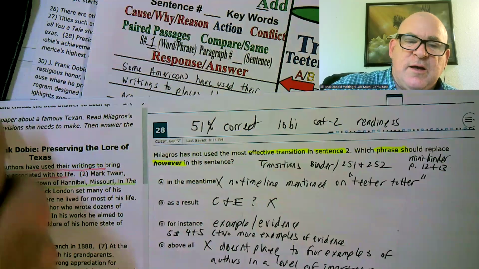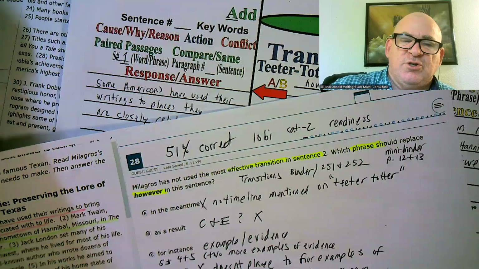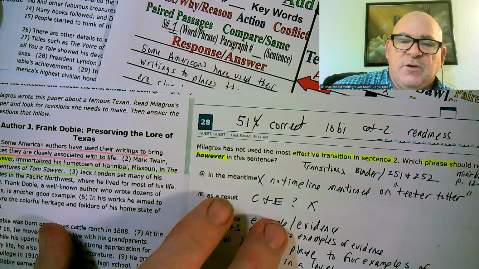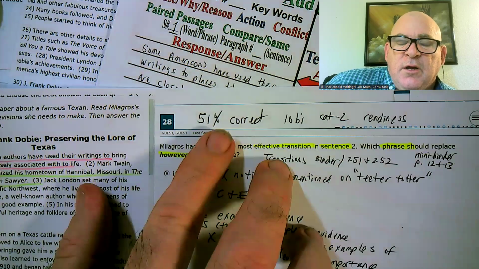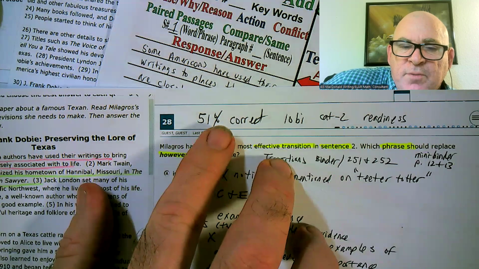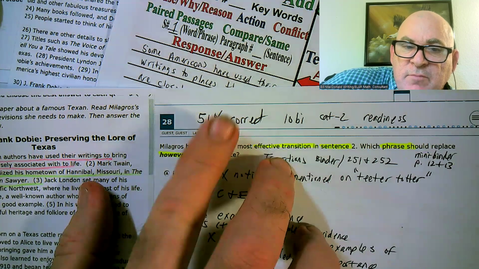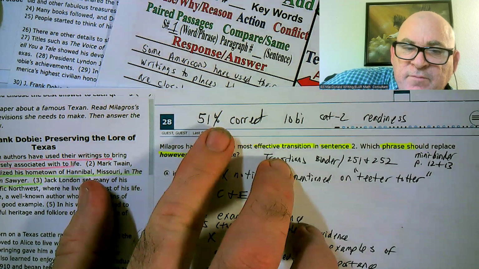This one just happened to be question 28 of the seventh grade STAR test from last year. It got a whopping 51% correct. For those of you who are not math teachers, that means that 49% of the kids in Texas got it wrong.